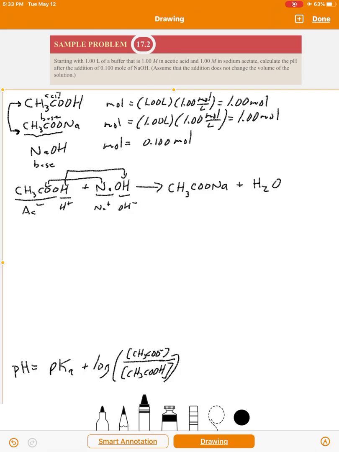Okay? So all we really have to do is find out what those two concentrations are after this reaction takes place, add that to the pKa, and you've got your pH. And that's really what they're asking us to do.